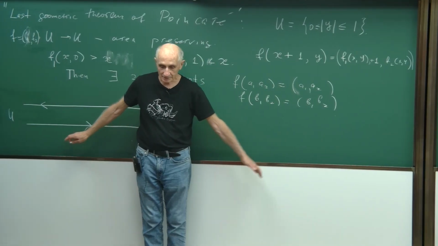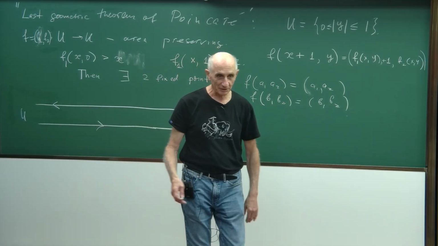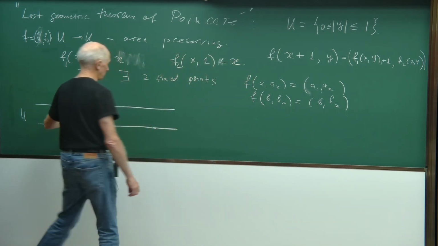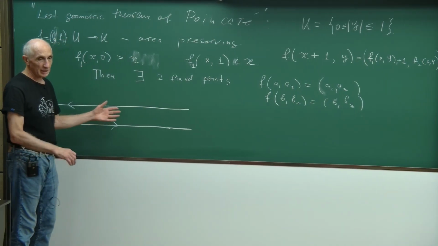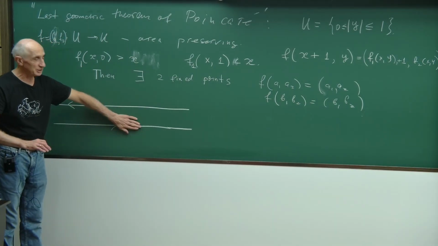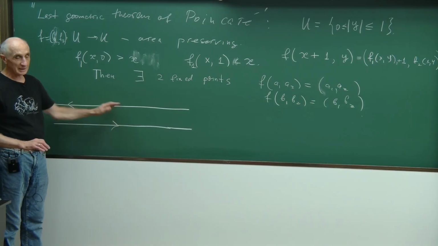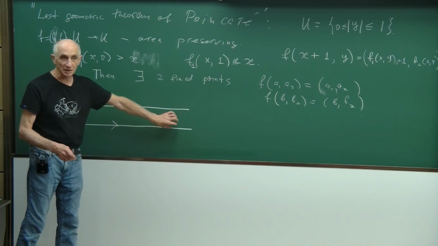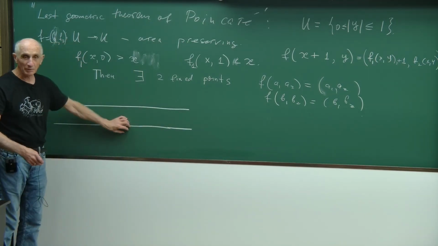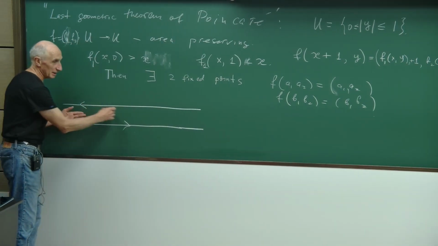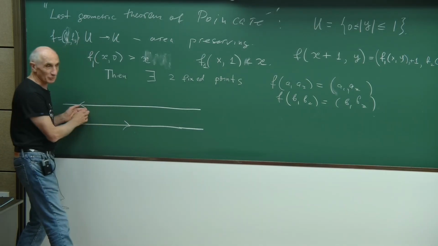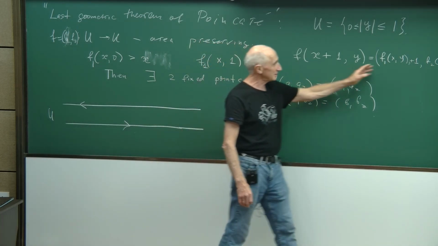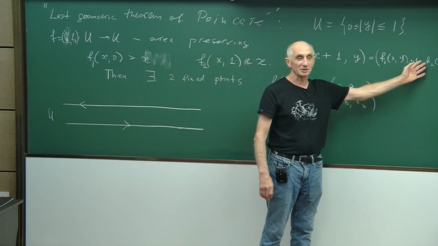So this is, as I said, the last geometric theorem of Poincare. What does it precisely mean? You take an area preserving transformation of the annulus, and instead of the annulus, you go to the covering map. So you take the strip, and on the strip you have a transformation which is equivariant with respect to shift by 1. If you shift x by 1, then the resulting first coordinate shifts by 1.